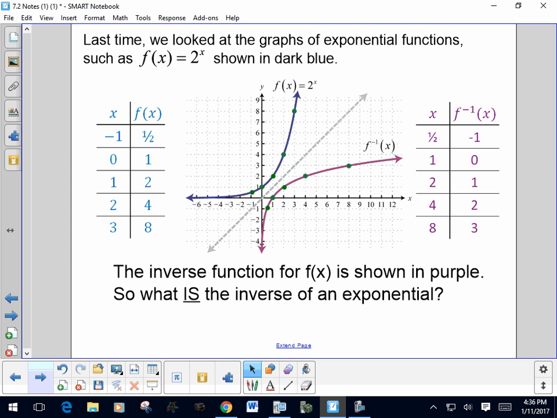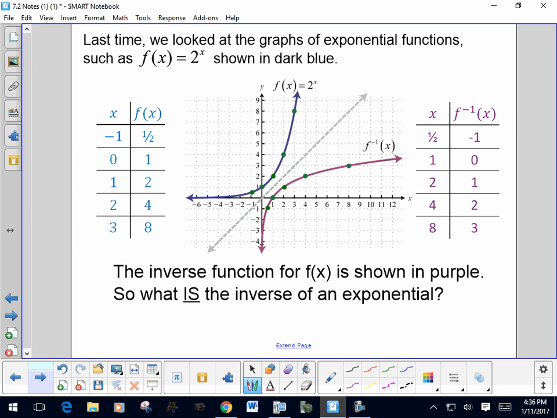Well, last time in class we looked at the graph of exponential functions, and one graph in particular was f of x equals 2 to the power x. Here on this coordinate plane we see the function f of x, in that bluish purplish color, and this table goes with it.